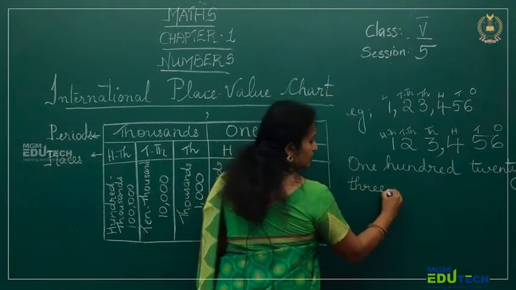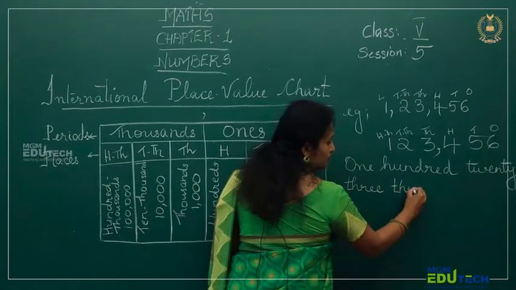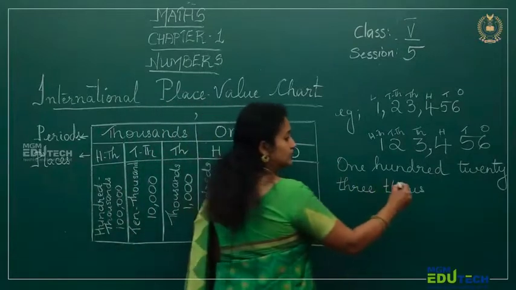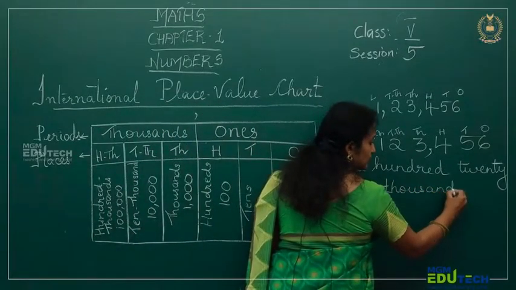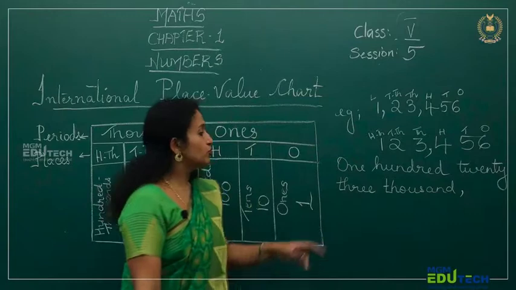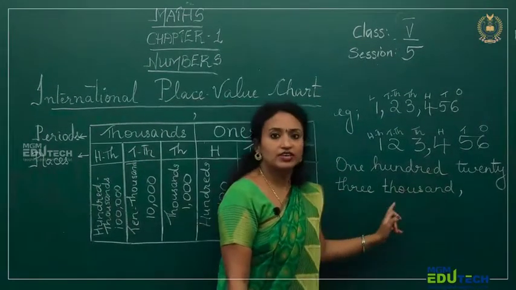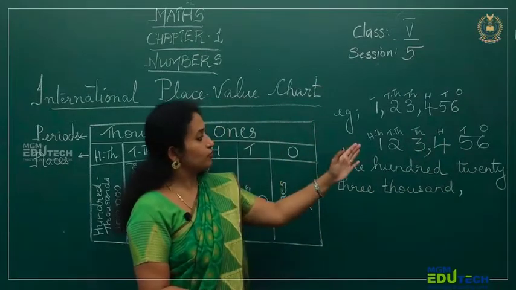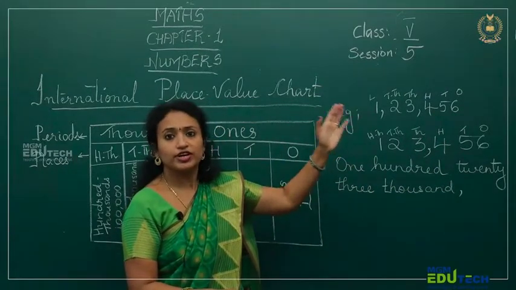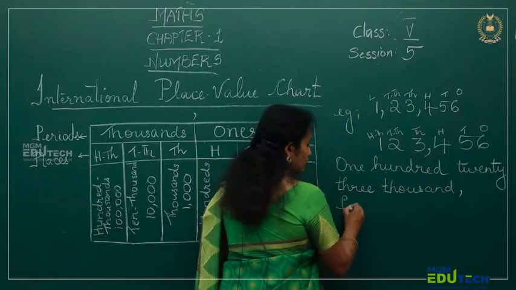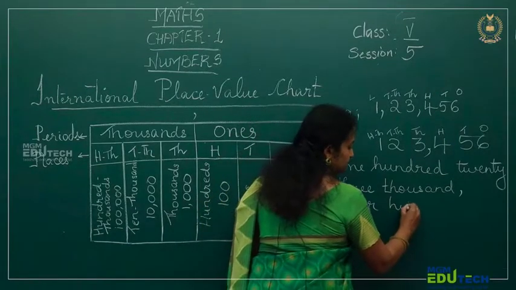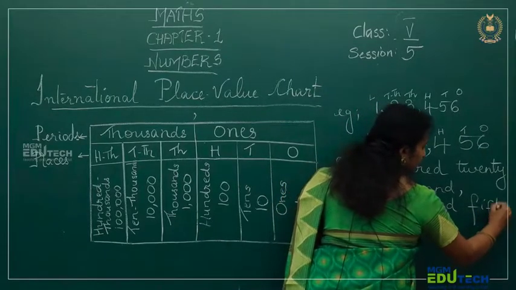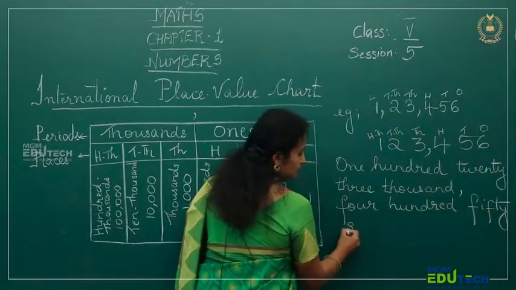So you read 123, then you put the period name: 123,000. It comes under the thousands period. So you write 123,000. Then next, how do you read the remaining numbers? 4, 5, 6: 456.